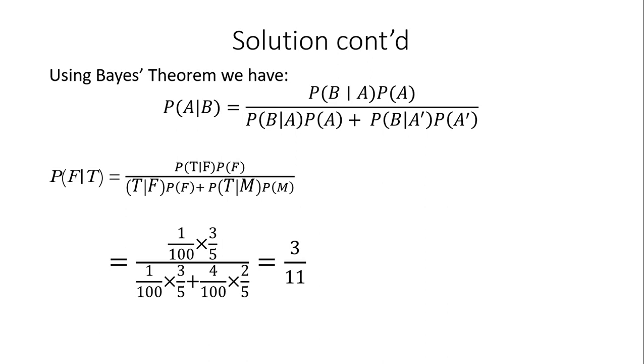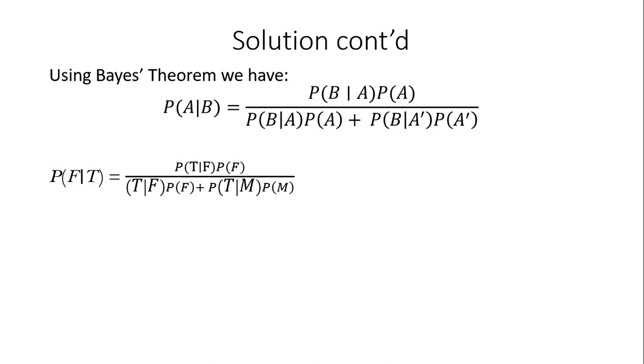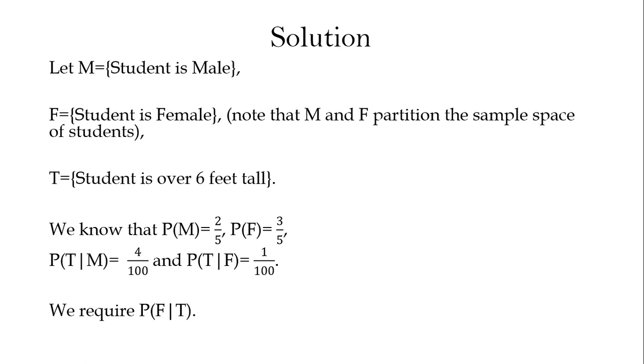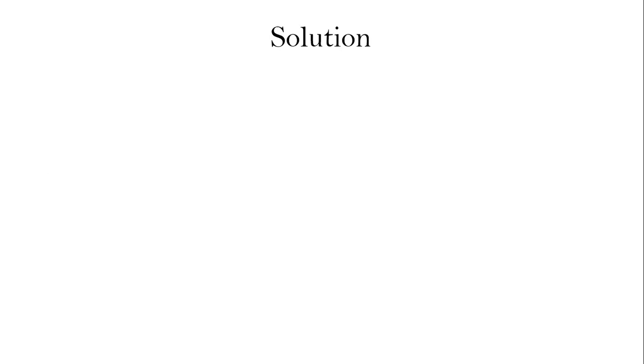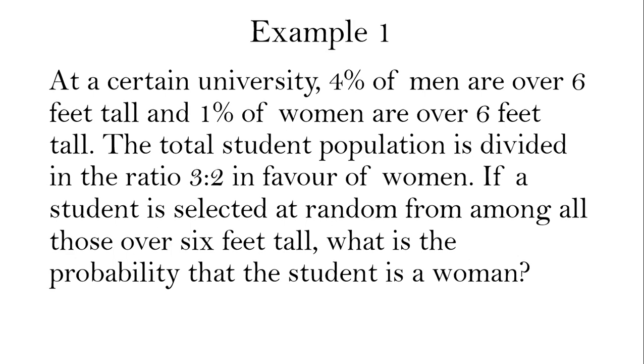So you can see it is not as complicated as it looks. What is important, and what could be a confusion point for many students, is denoting the conditional probability. Let's go back to the previous screen. Do not confuse this with when they tell you 4% of men are over 6 feet tall.